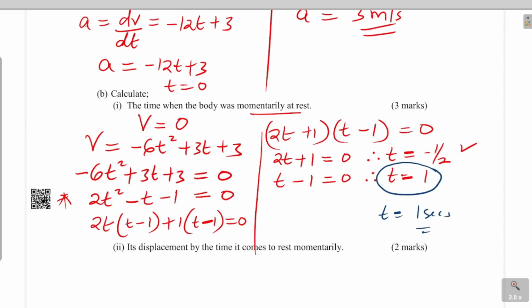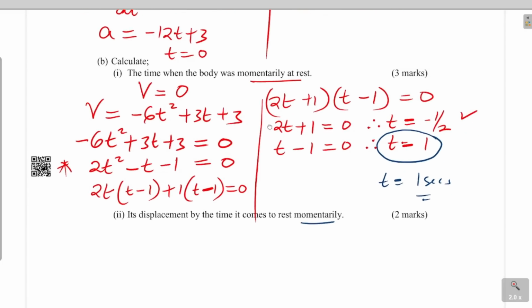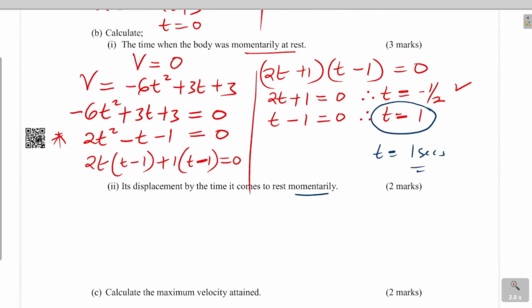Then the other question, part 2, its displacement by the time it comes to rest momentarily. So already we have the time. We have obtained the time from the previous part, the time that the body will come to rest. That is when t is equal to 1 second.